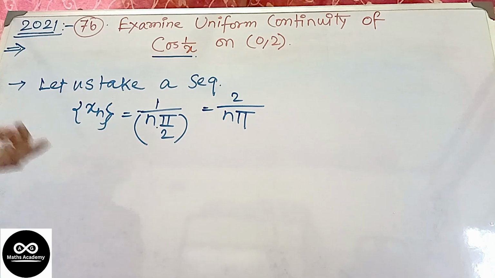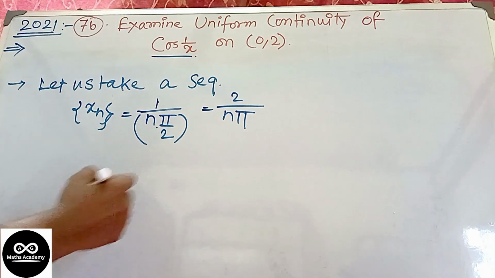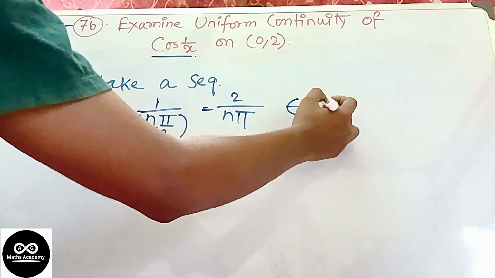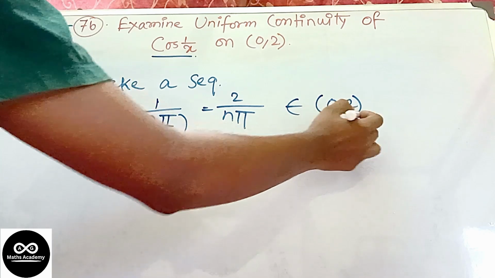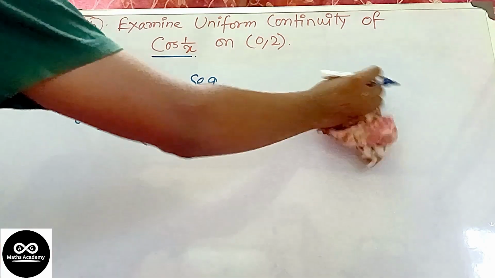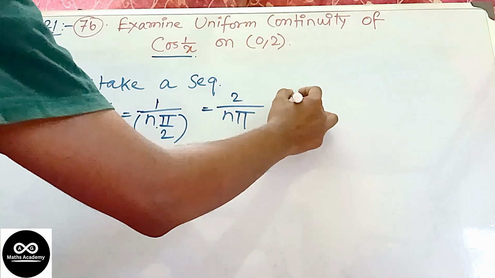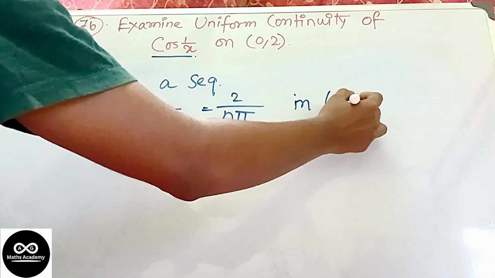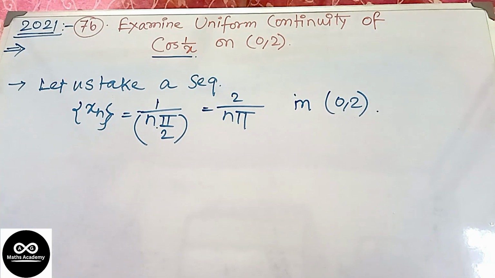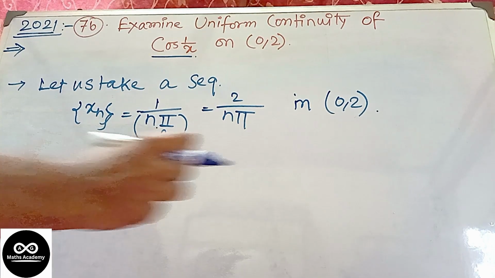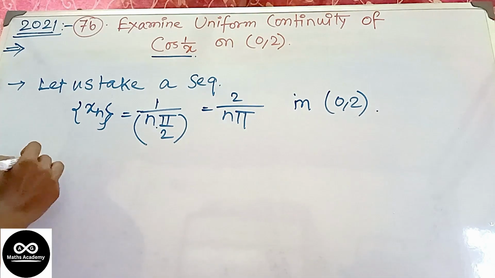Okay, so we take this sequence, which is in open 0, 2. Okay. So now this is a Cauchy sequence in open 0 to 2.